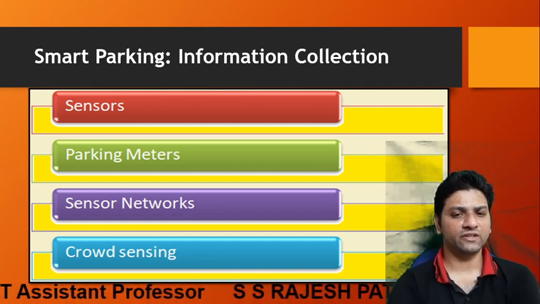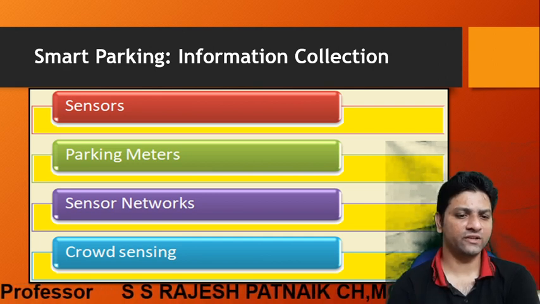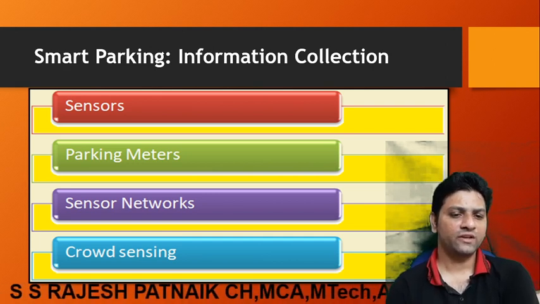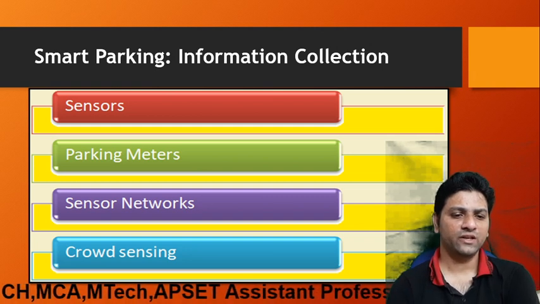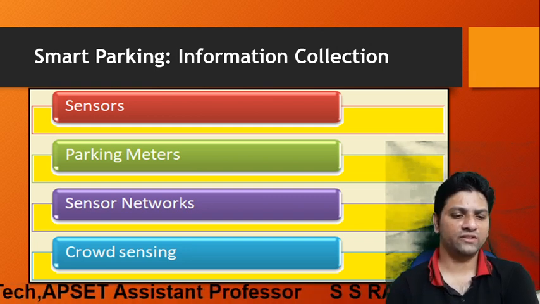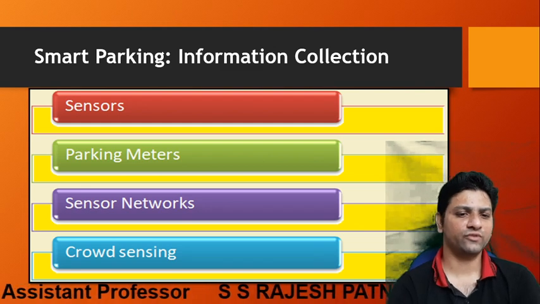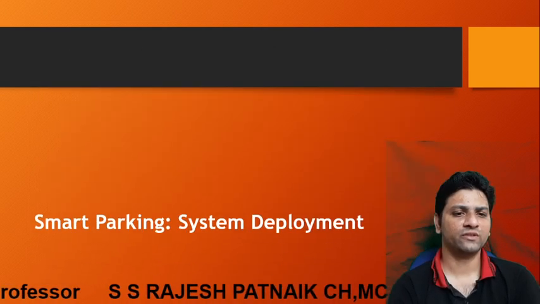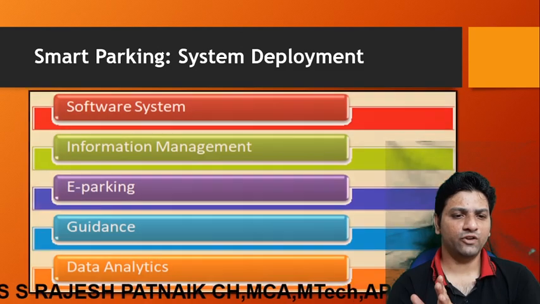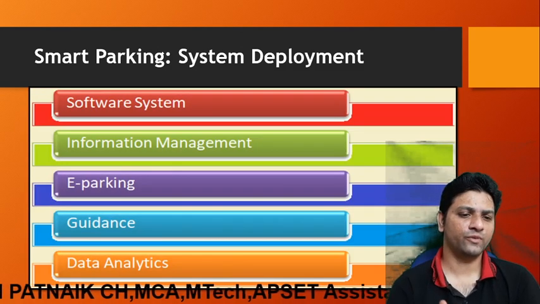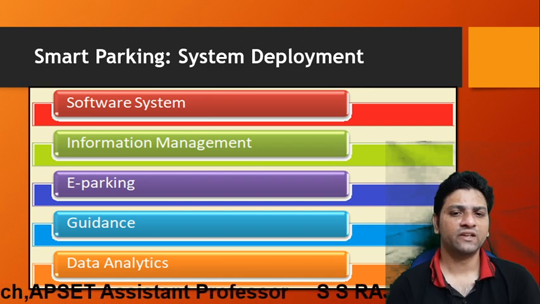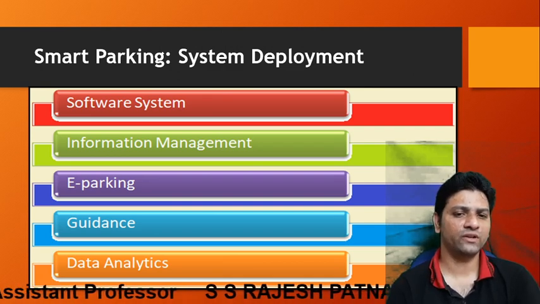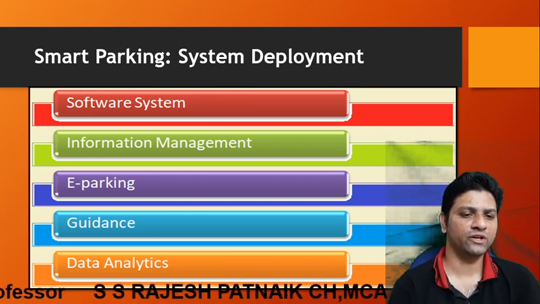Parking meters are where information is obtained from the meters. There are various sensor networks. These are the different types of sensors which collect the information. And system development means the software system: information management, e-parking, guidance, and data analysis. These are all part of the software embedded with the IoT device.